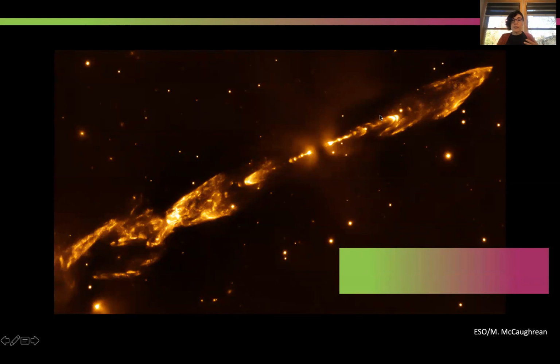And so we can see the development of multiple shocks. By studying the velocity with which these jets get out of the stars, and also by studying their chemical composition, we can see how the material gets reprocessed in this series of events.